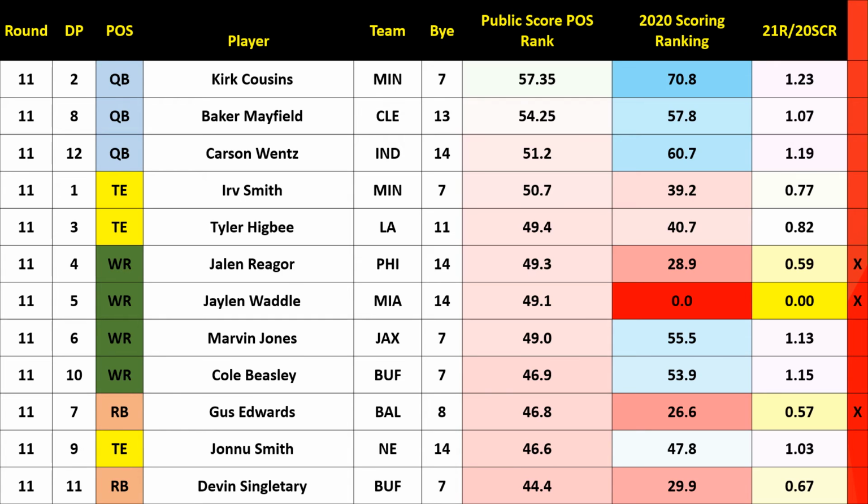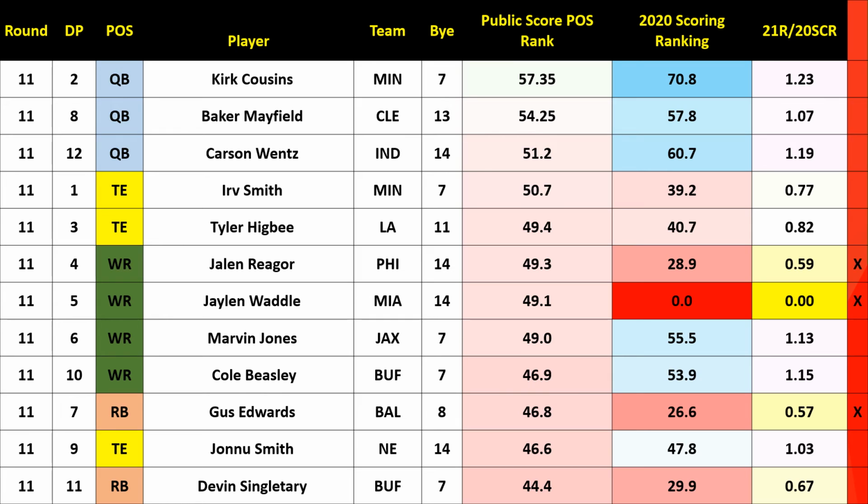I'm taking Beasley. Then maybe Jalen, just because Miami's been pass happy. So we'll see. I'm not taking Jalen Rager from Philadelphia. Marvin Jones, not sure. I'm not taking him.